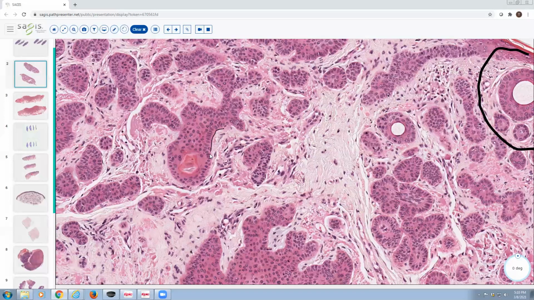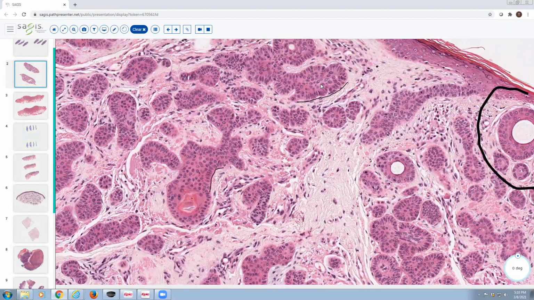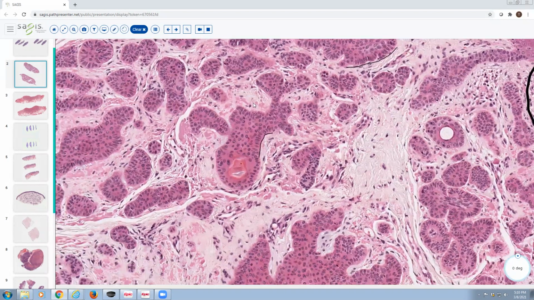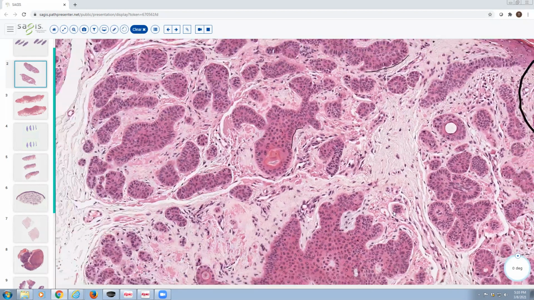So here's an area where we've got peripheral palisading. I see another area here where the long axis of the nuclei are oriented in a way such that they're pointing to a central point within the tumor nodule. That's peripheral palisading of nuclei.